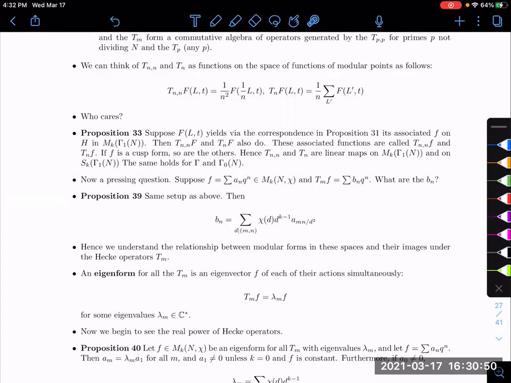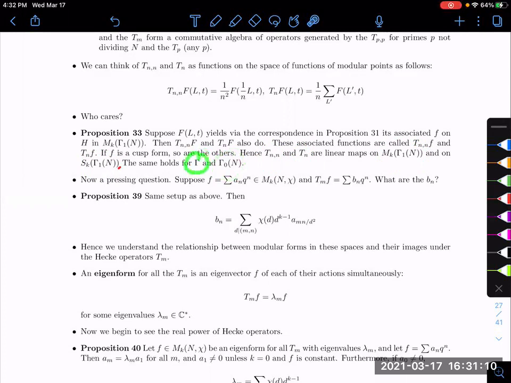In fact, I think I wrote that here. So T sub n comma n and T sub n are actually linear maps on the space of modular forms for gamma 1 of N. And you can also check they preserve the space of cusp forms. And you can also check this holds for the other nice special subgroups of SL2Z.